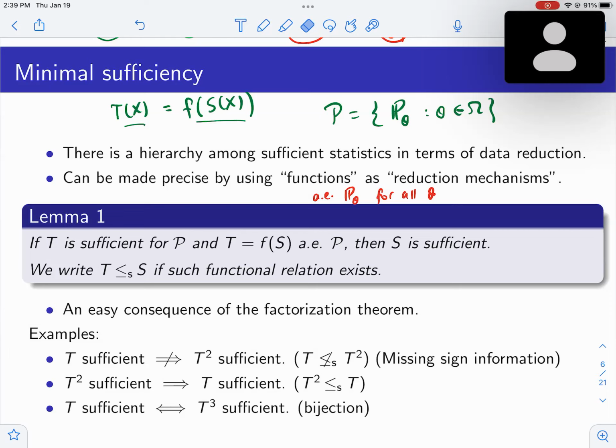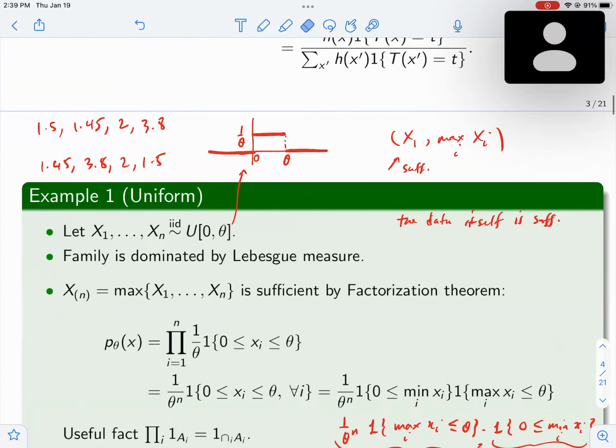Maybe I can reduce this further. It's not only the issue of compression. There's a natural idea that this is smaller than the original data. But smaller doesn't mean that this has one coordinate and the other has more. The notion that this has less information is in the idea of sufficiency for us.